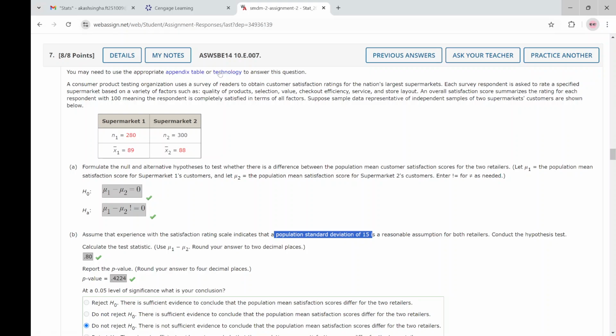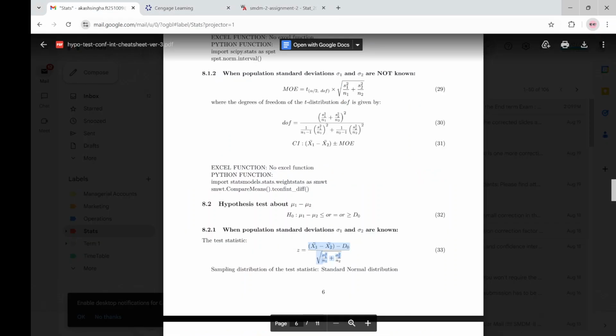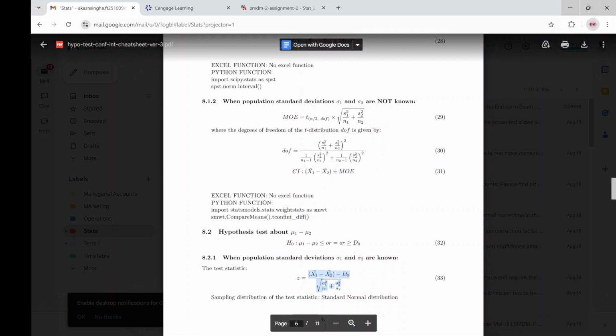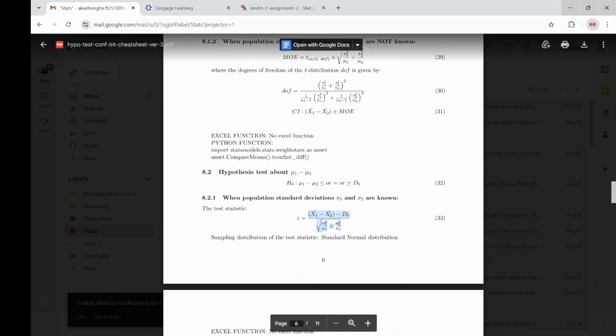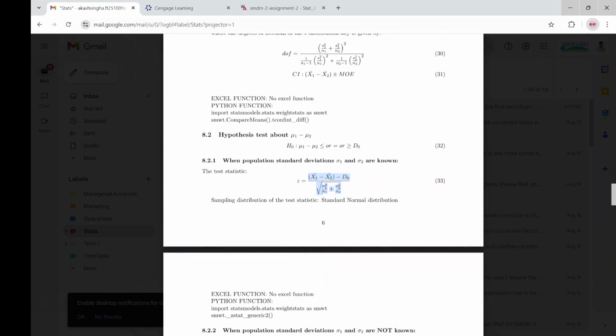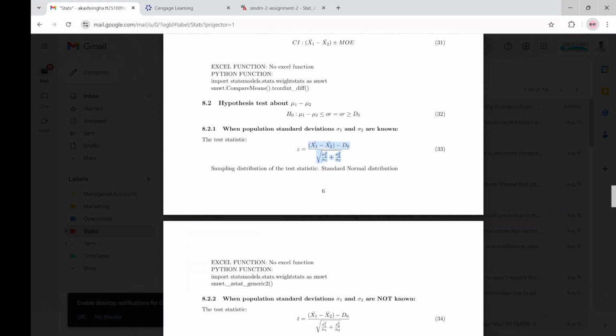So what we have to do is just calculate the Z statistics and then calculate its p-value. This is the formula.